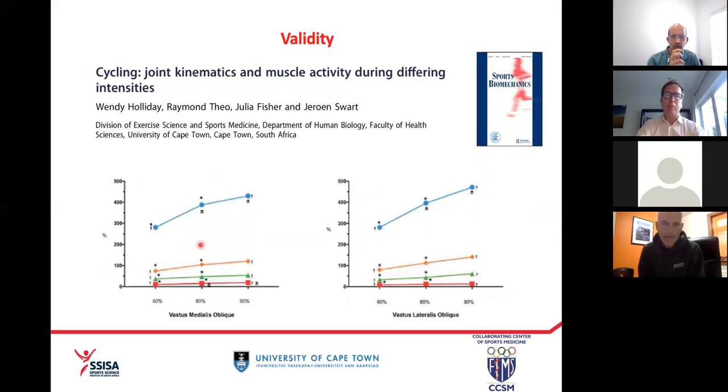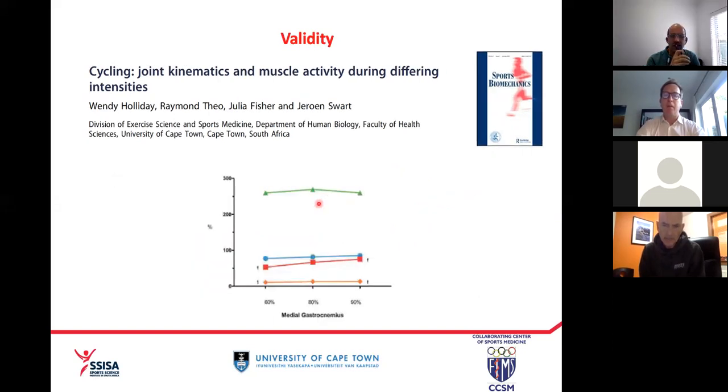And we see the same when it comes to vastus medialis obliquus and vastus lateralis, so the quadriceps muscles. And we see the same in other muscle groups, except for the medial gastrocs. We see that the medial gastrocs are already at a high level of recruitment at 60% of maximal effort, through 80% and through 90%.